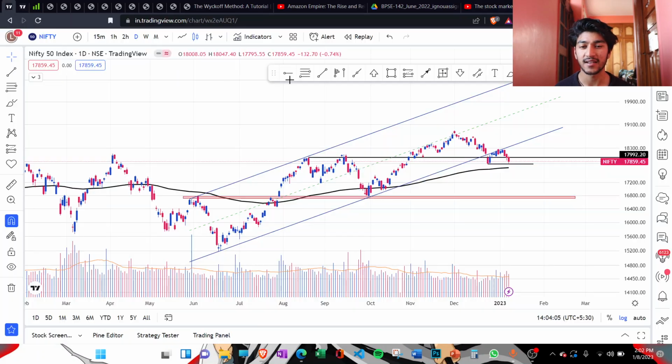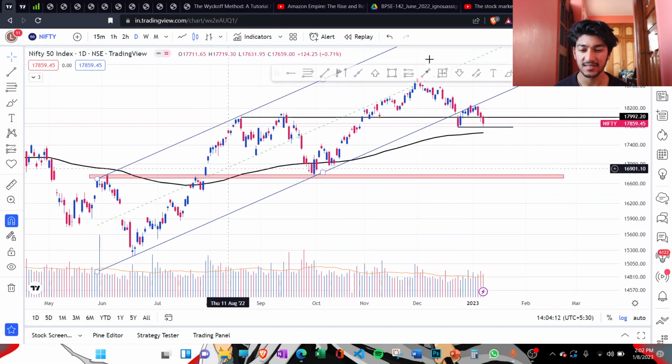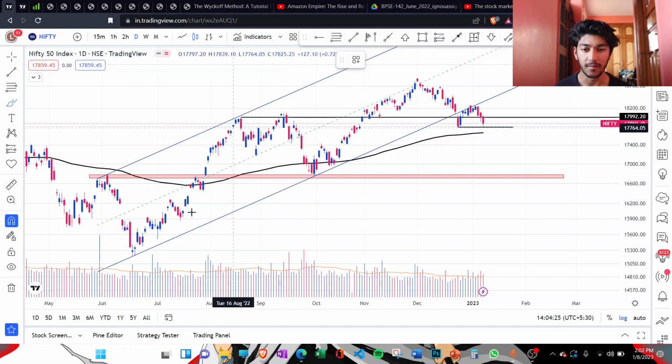First, let's take a look at the market, the Nifty chart. As you can see, we have been steadily going up for the last few months. The low of around 15,083 was made back in June 2022, and after that the market started going up, and as you can see it is forming a channel, right?